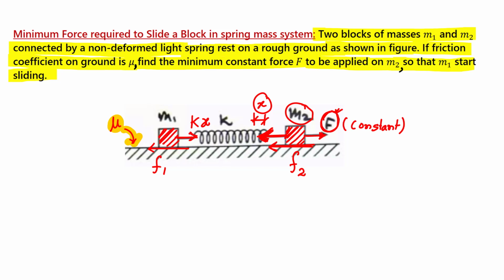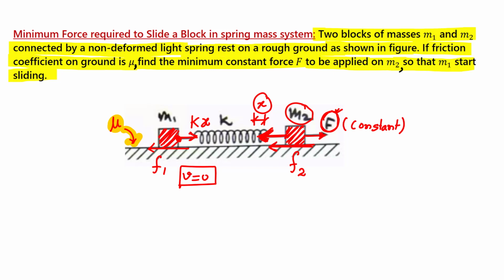Since we have to find the minimum force, what will happen at this point? This will just start to move. This means the block m2 will have some velocity v equal to 0. Now if m1 has just started to slip, the spring will have some elongation and this elongation will be fixed. This means if this block has a velocity v equal to 0, then the other block should also have a velocity equal to 0.